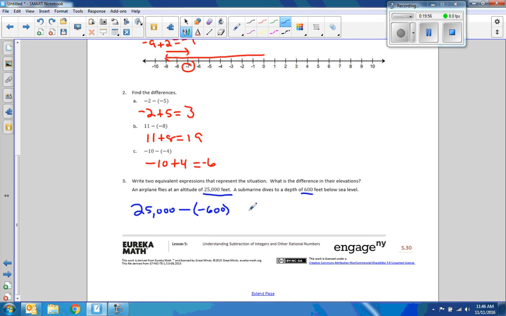Okay. So we want to know the difference between the elevations of two things. Minus, and below sea level is a negative value, negative 600. That would be 25,000 plus 600, which equals 25,600 feet.